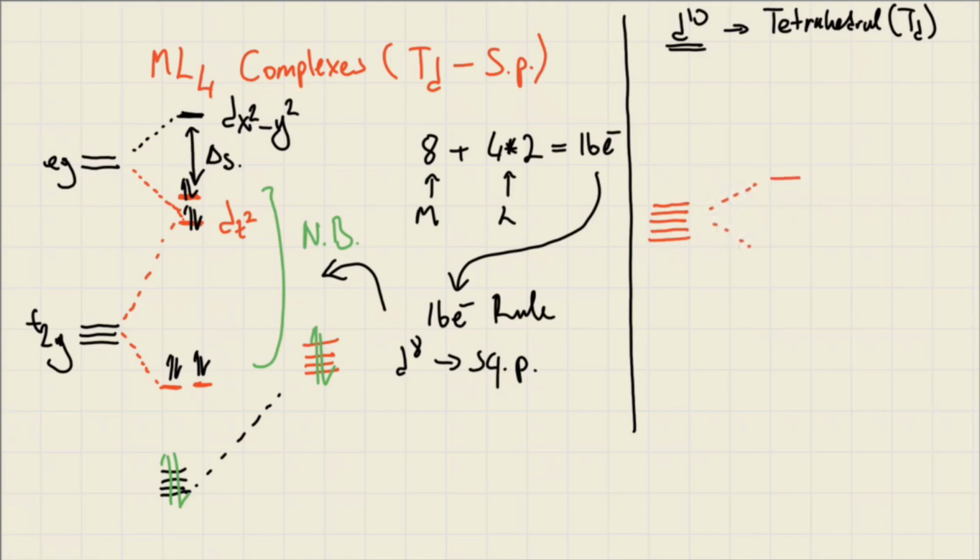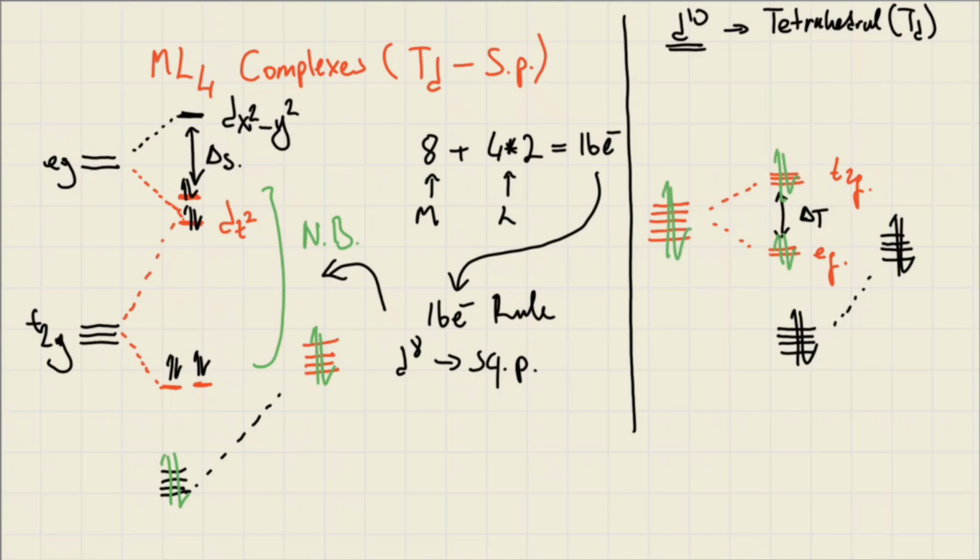And the splitting of tetrahedral complexes is this. So we have T2G orbitals and we have EG orbitals. And the splitting for tetrahedral complexes is very low. And again we have ligand orbitals, which are completely filled. And the D10 complex, of course, is completely filled.